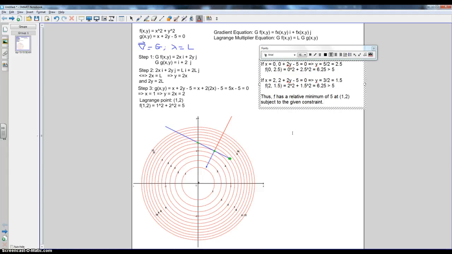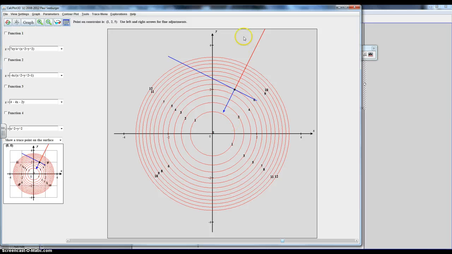One of the helpful hints for that problem is on the contour plot. Here, the relative extreme occurs not only when the gradients of f and g are parallel and point in different directions, but it also happens when the gradients of f and g point in the same direction, or when the gradient of f equals 0.